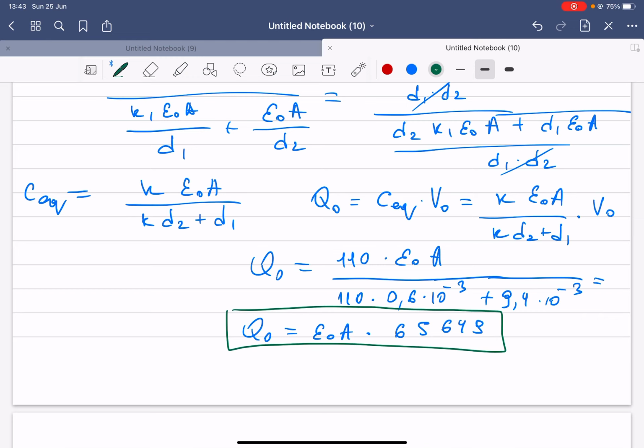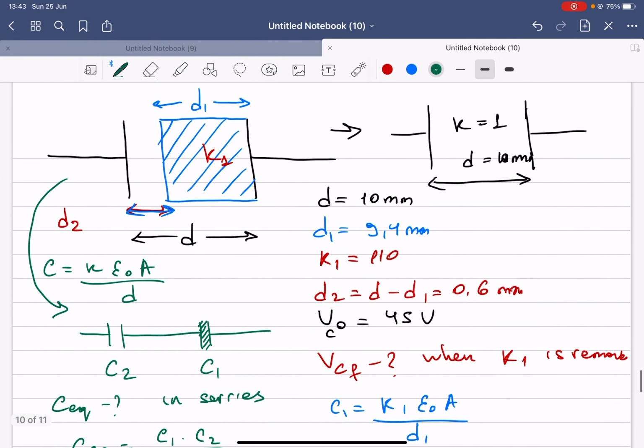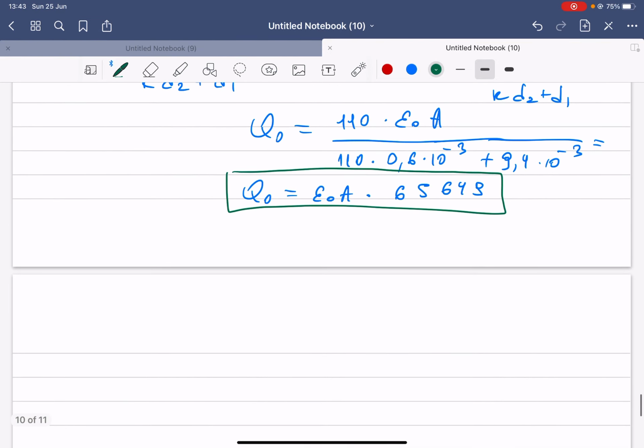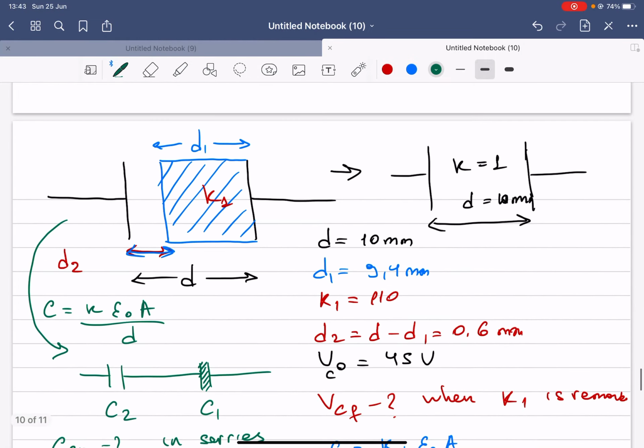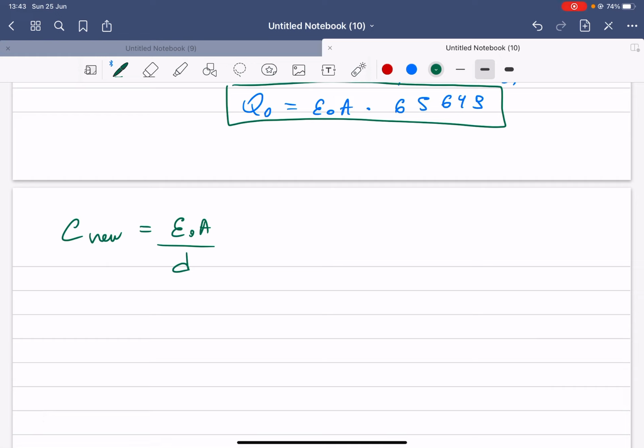Now we have to find what the voltage will be when we remove this dielectric K2 from the capacitor. So we know that the new capacitance, since we will remove the dielectric, is epsilon naught area divided by D, where D is the total distance of the capacitor, which is equal to 10 millimeters, correct?